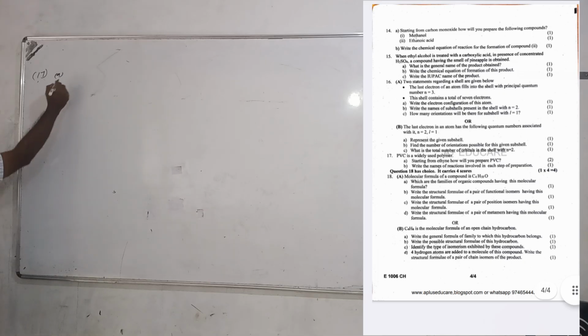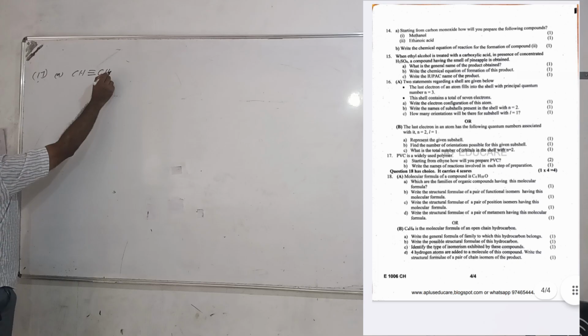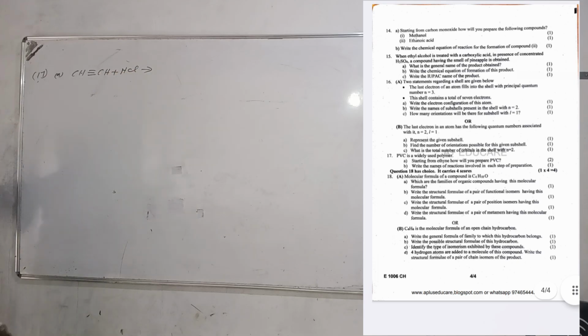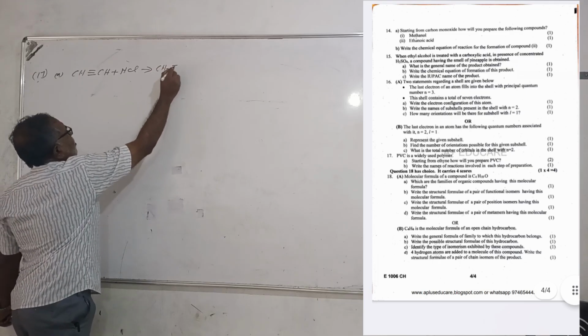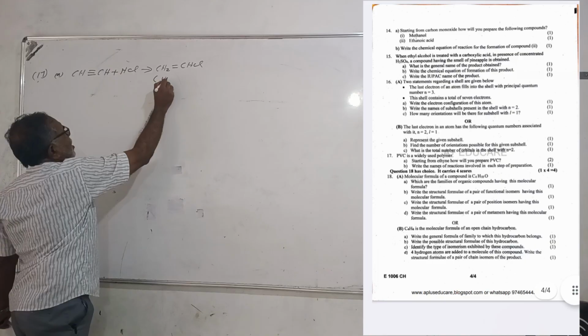When ethyne, CH triple bond CH, is treated with HCl, we get CH2 double bond CHCl. This is vinyl chloride.